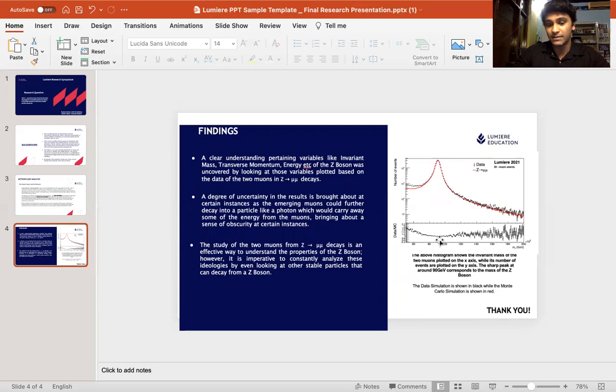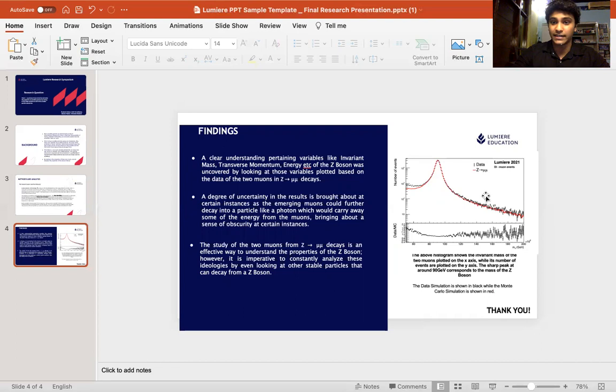The term invariant mass simply refers to the total mass of the two muons measured with respect to different situations. And when this invariant mass is equal to about 90 GeV, we see a large number of events, more than at any other invariant mass, which indicates that this is the most probable outcome.